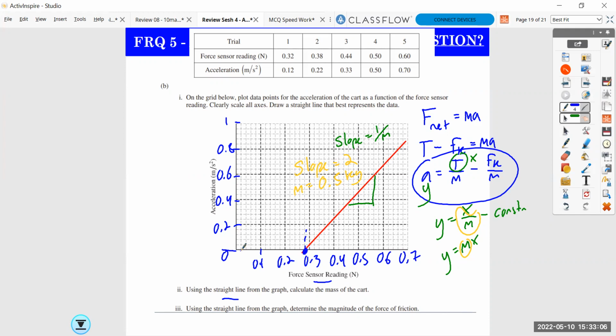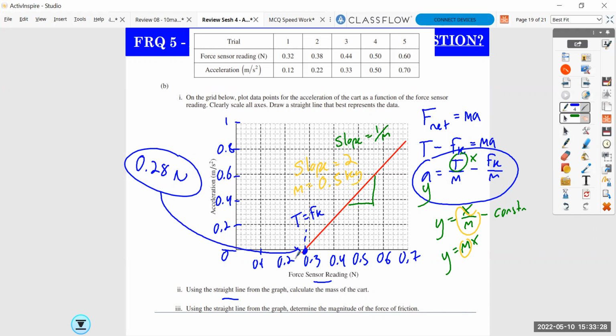So this point is where my pulling force equals my force of kinetic friction. That's where my forces are all balanced. And this looks like it's just shy of 0.3, 0.28 newtons or something. So being able to interpret different features of your graph is important.